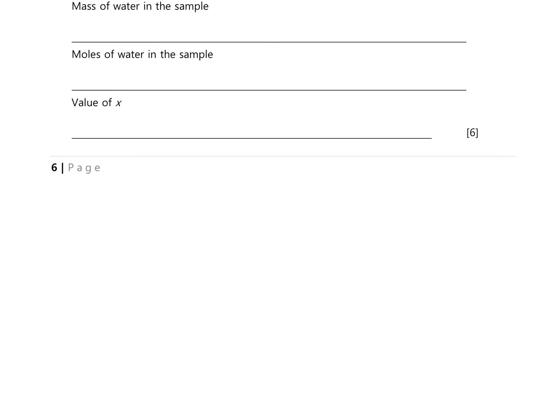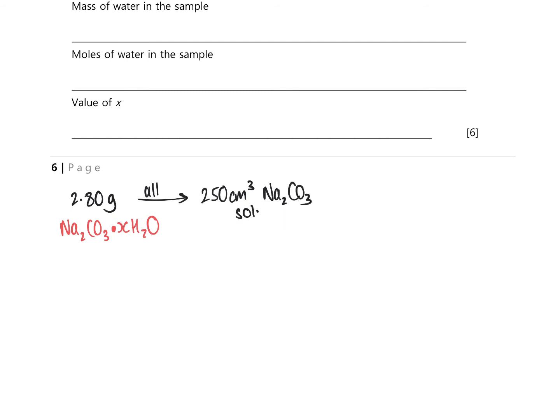Might not draw my apparatus this time, but even if you think about tracking your value, so 2.80 grams of your original sample, that's going to be your Na2CO3.xH2O, your original sample. That's then all transferred into a 250 centimetre cubed volumetric flask, and we get 250 centimetres cubed of our sodium carbonate solution. And that's in our volumetric flask, so you don't even need to draw out the apparatus if you don't want to.